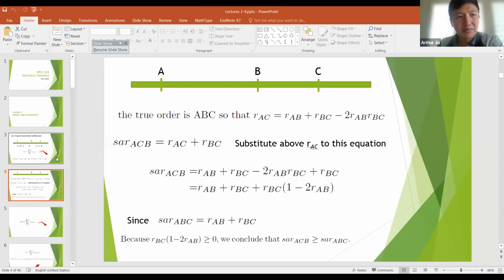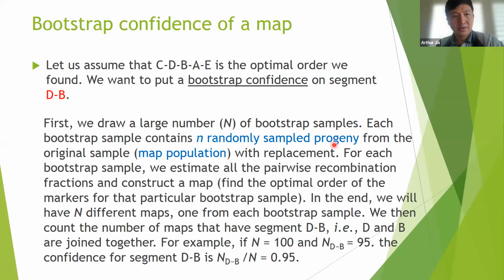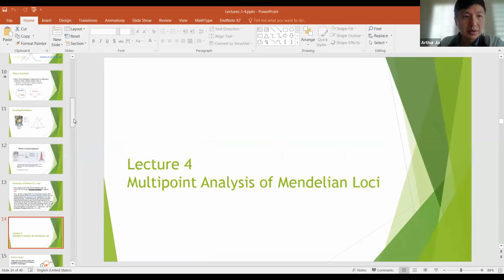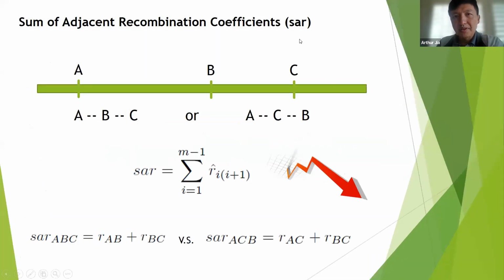So intuitively, let me show you why this is. I think this makes sense because, for example, let me use some numbers here. Suppose A and B have R equal to this, and B and C is closer, so let's use this. Suppose this is the real situation.